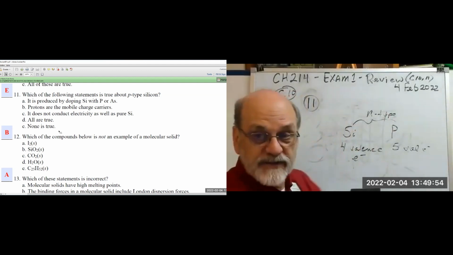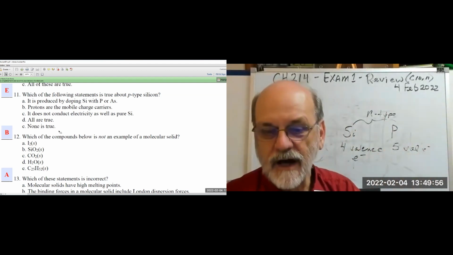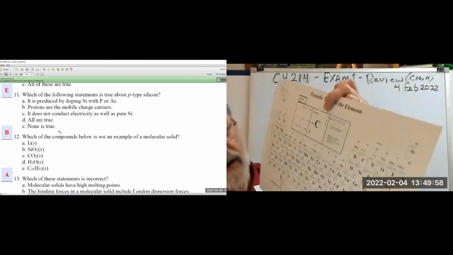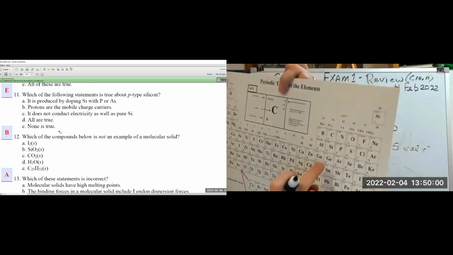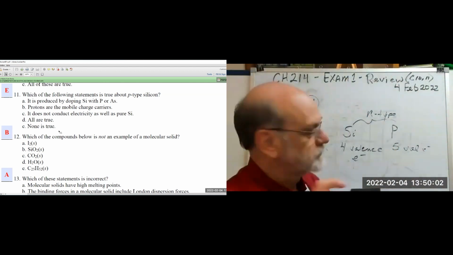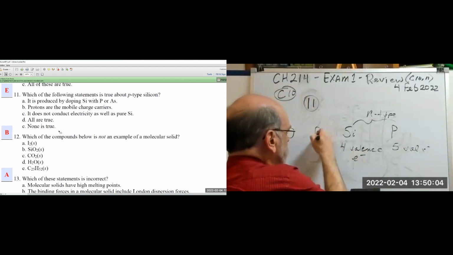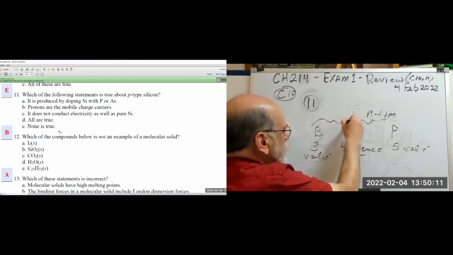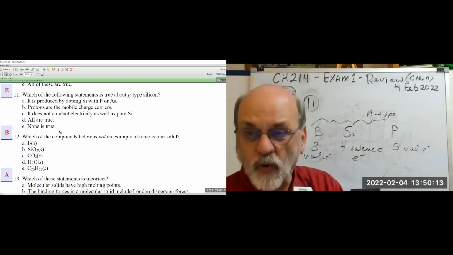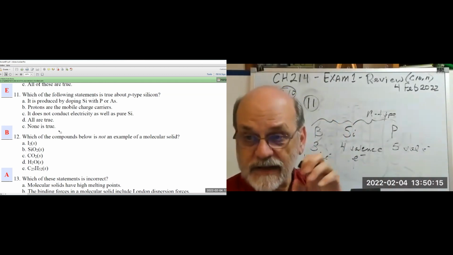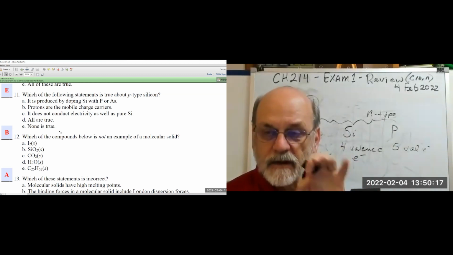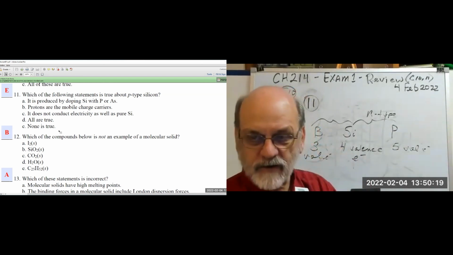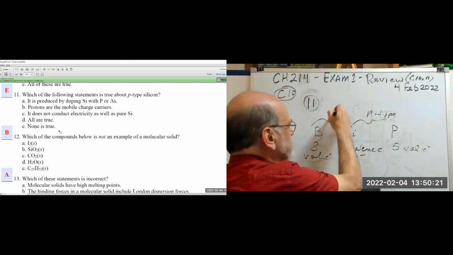So a P-type would be something to the left of silicon in the periodic table, like, let's say, boron. Boron has only 3 valence electrons. Right? So when you dope this one, you're short 1 electron, which makes a P-type, standing for positive.